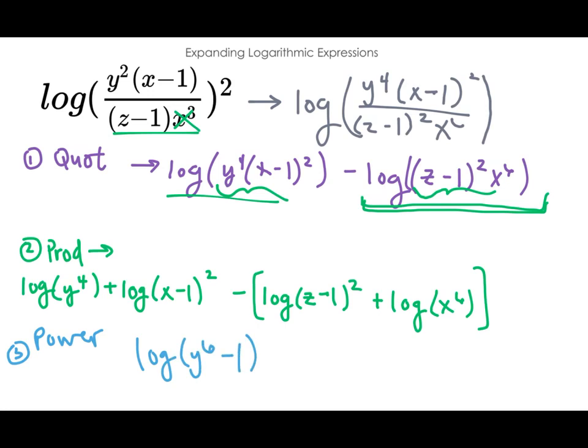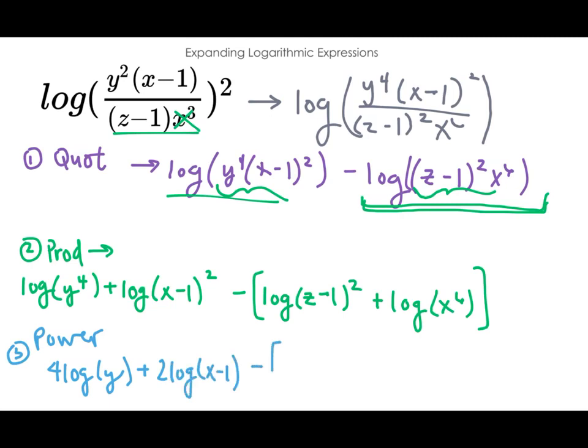It's just on the y. Now, that's not something we have to deal with here, but I just did want to mention that. In this case, we can clearly see, all of the exponents are on the entire expression, so we can go ahead and bring them down, right? We'll have 4 log of y plus 2 log of x minus 1.